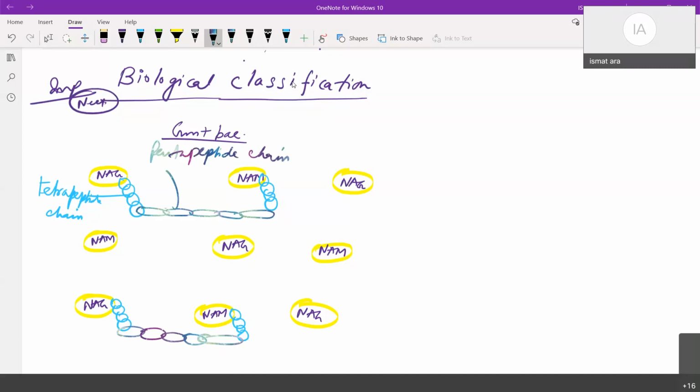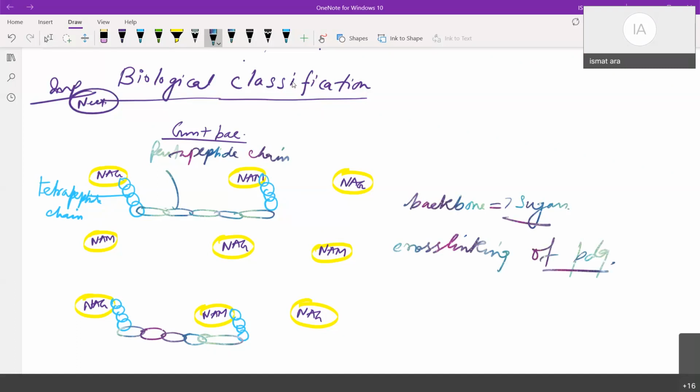So we can say here backbone part is sugar. Sugars are the backbone. And they are alternatively arranged. This is actually what I have shown here, the cross linkings of peptidoglycan. Here with this cross linking of gram positive bacteria.